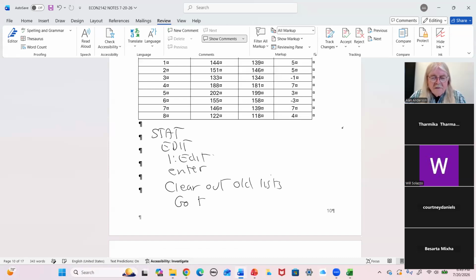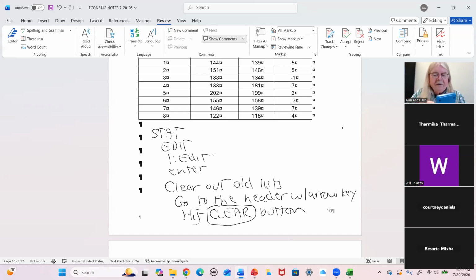Go to header with the arrow key. And that'll take care of it.